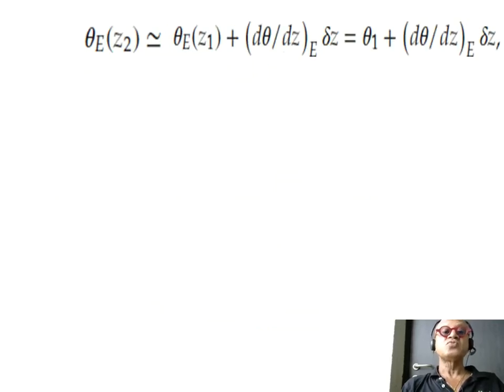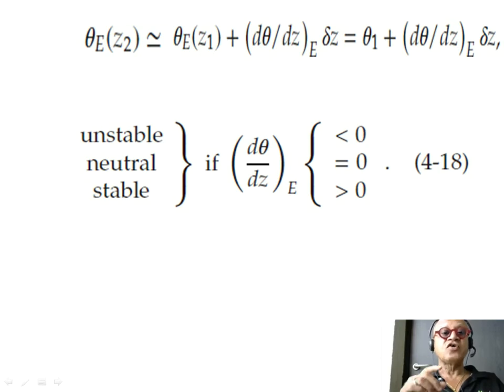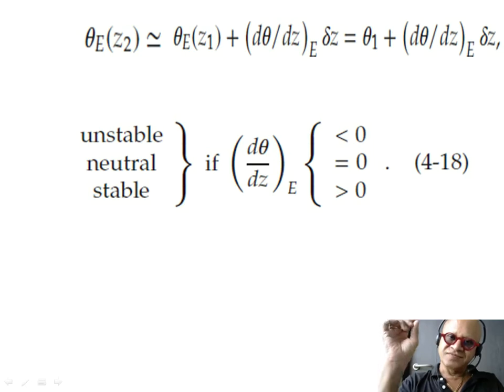Okay, so going back to our figure of this parcel moving from Z1 to Z2, theta of the environment at Z2, okay, don't get confused. Theta of the environment can change, obviously, because there is a lapse rate, as we saw. The slope of theta E is positive, as opposed to the temperature, which was negative, but it's the theta of the parcel that's conserved.